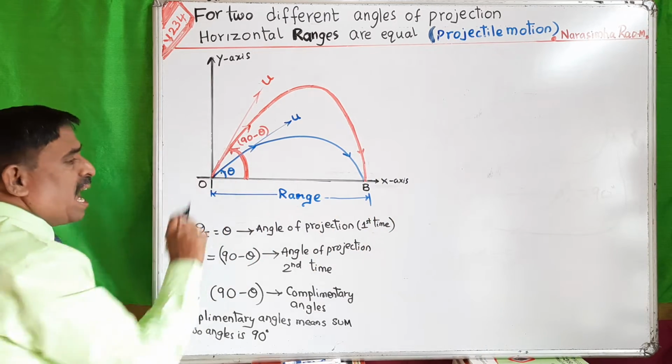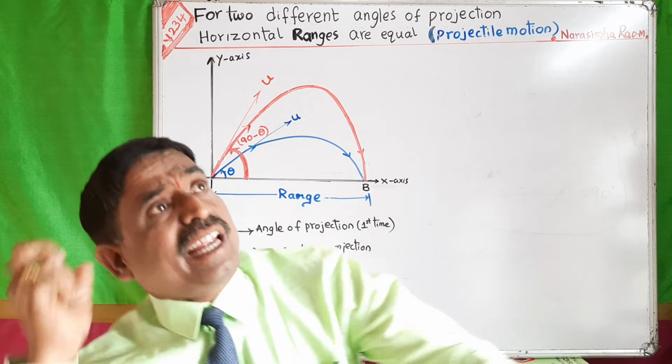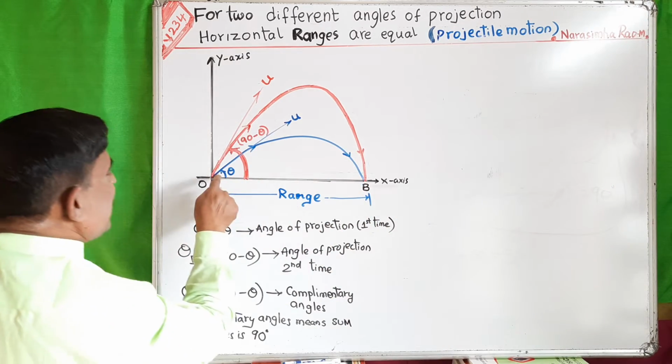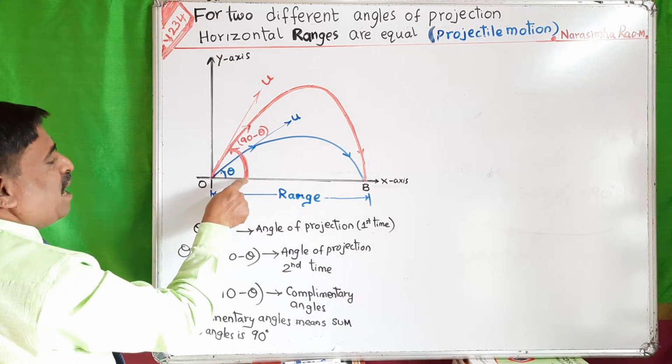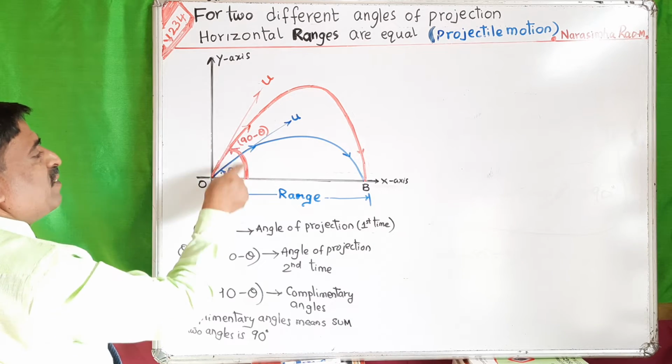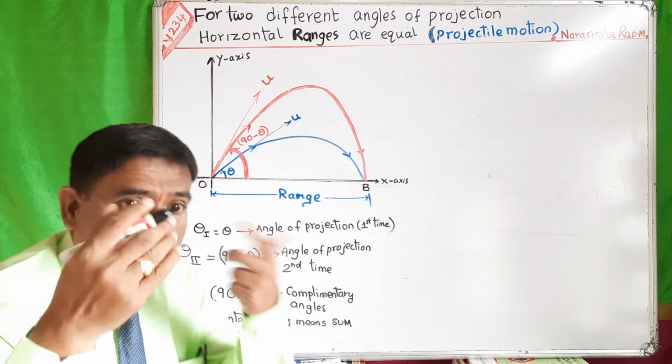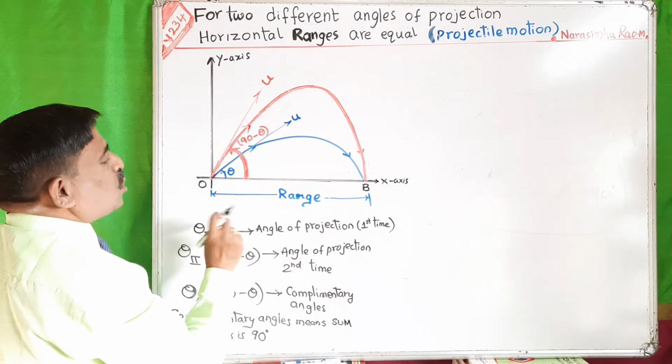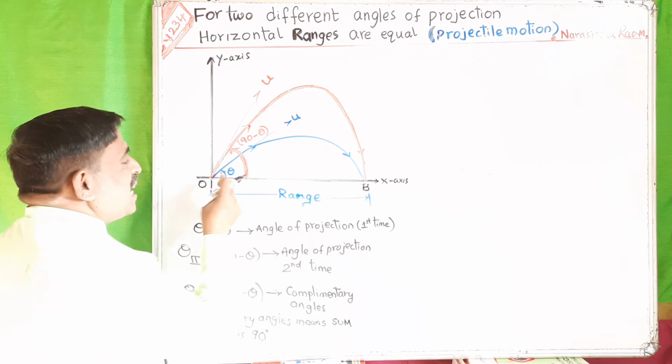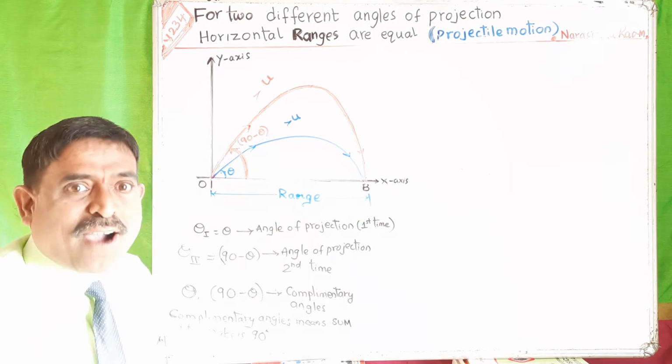First time I am throwing the stone into the air with an angle theta. Next time I am throwing at an angle 90 minus theta. In both the cases I have to show these horizontal ranges are equal.